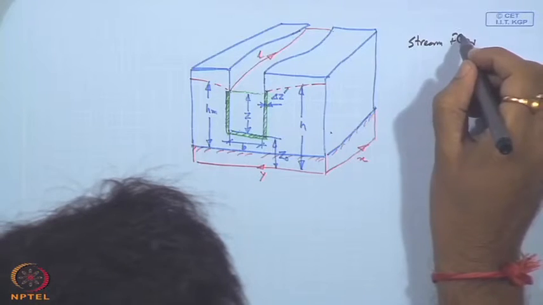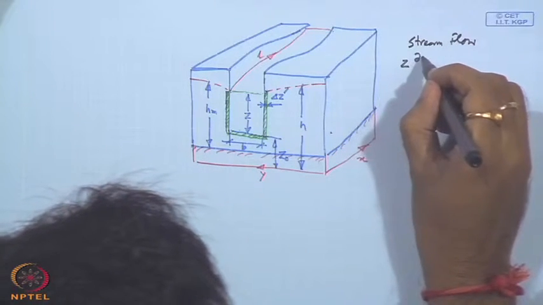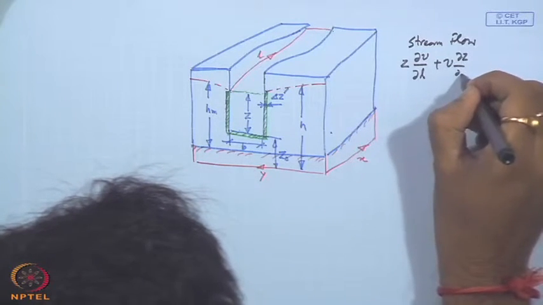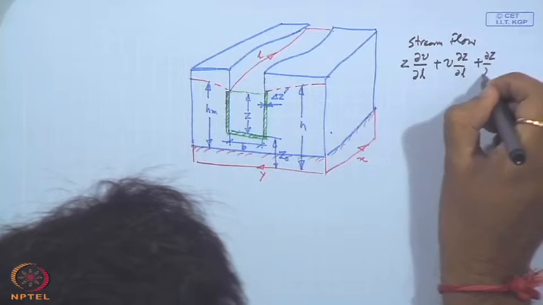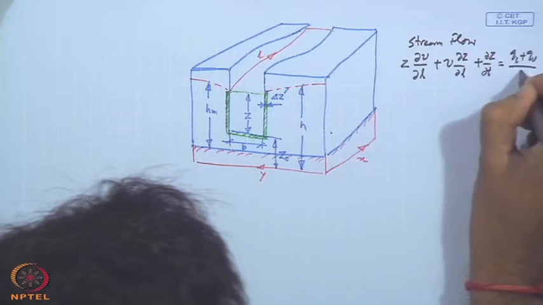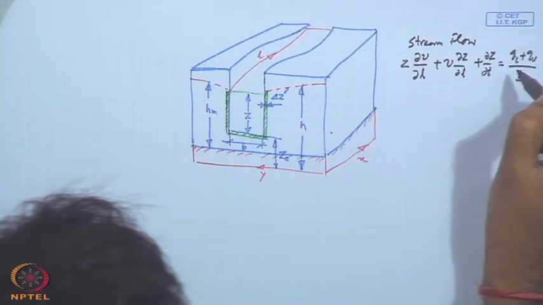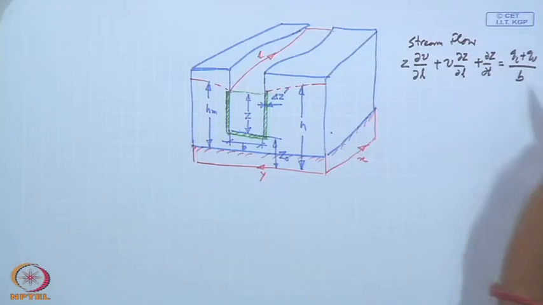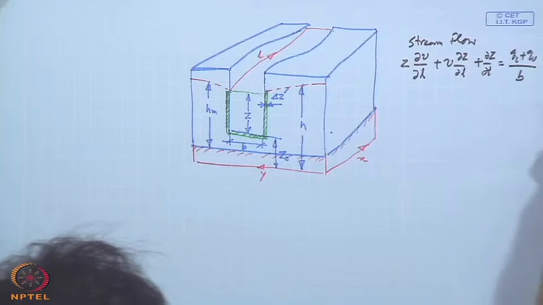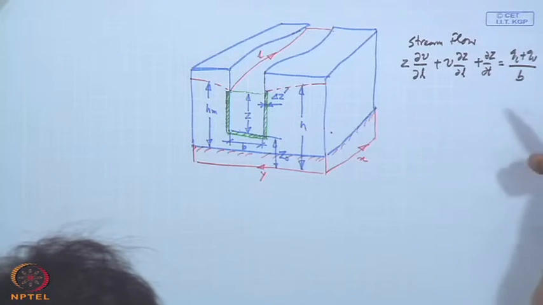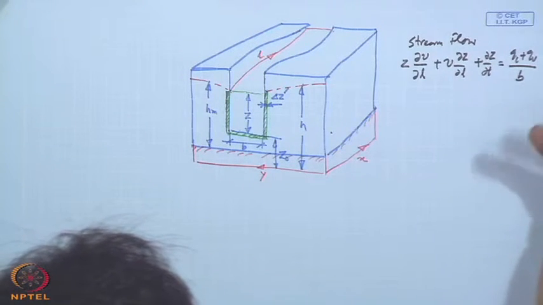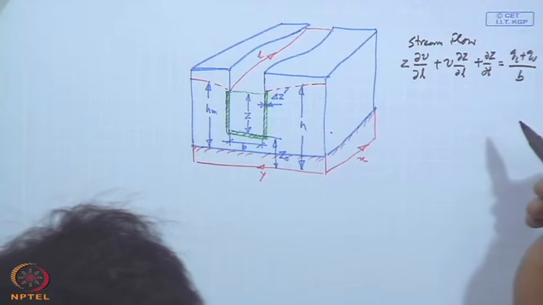We can write the equations as z del v by del L plus v del z by del L plus del z by del T equals q L and q v divided by B. So, here q v is the flow into the channel per unit width per unit length through its wetted perimeter, and q L is the lateral inflow per unit length over the channel banks and from tributaries.